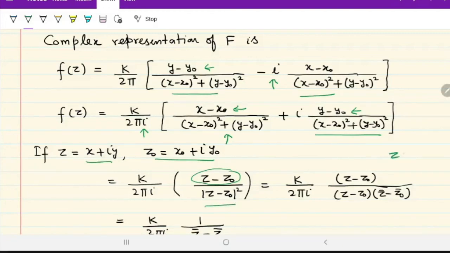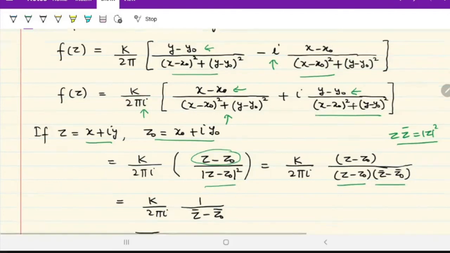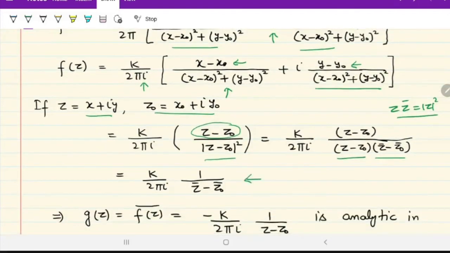Now further, you know a property: for a given complex number z, mod of z squared is z multiplied by z bar. So the denominator can be written as z minus z naught and its conjugate. So z minus z naught gets cancelled, and this is what you get. This is the complex representation of the given vector field capital F, and we are denoting this by small f.